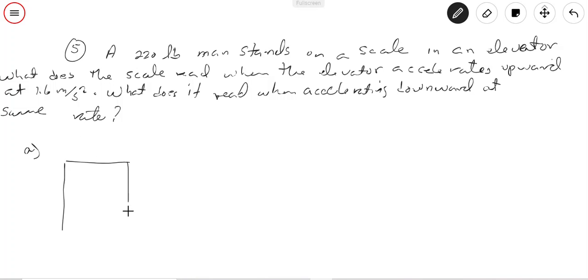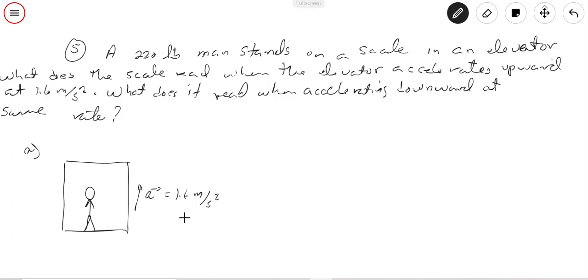So this is my elevator, and this is the person that is just standing here on the elevator. Now, what happens here? We have an acceleration upward of 1.6 meters per square second.